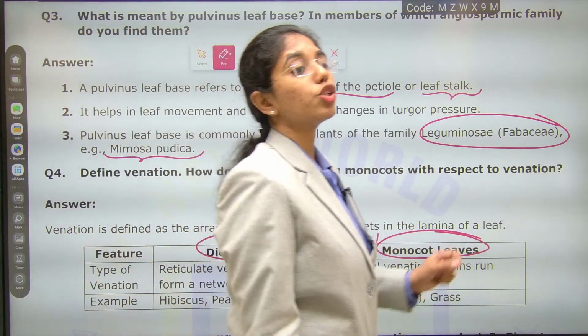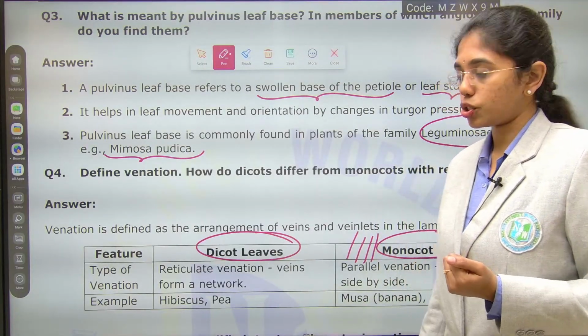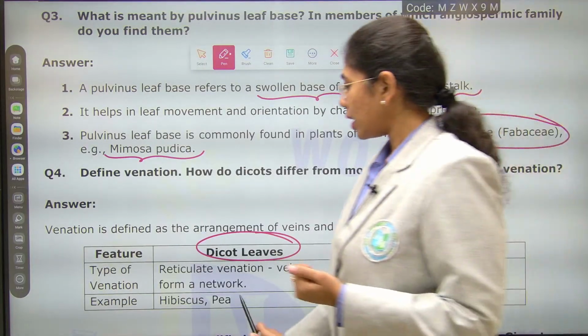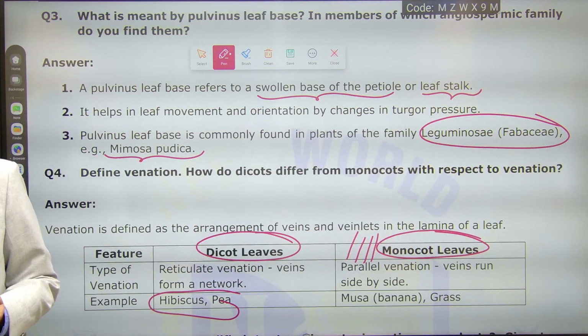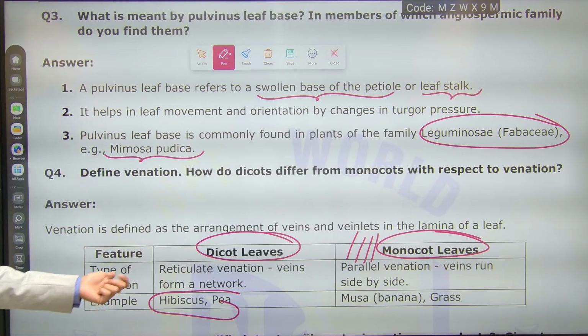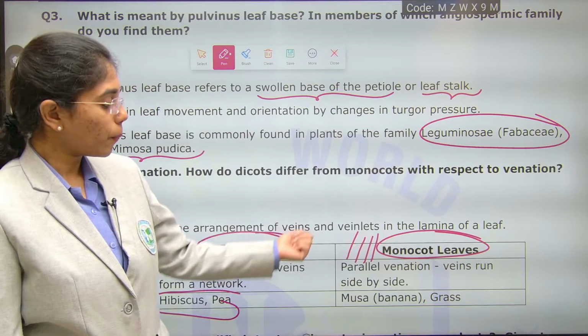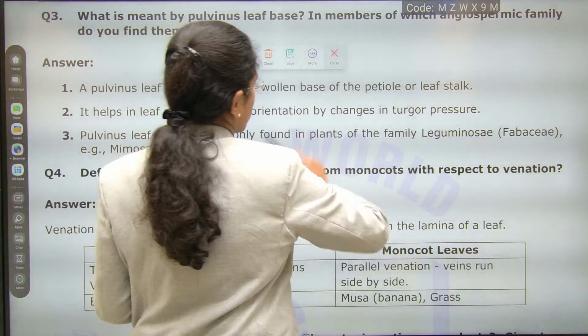Parallel venation is the most advanced type when compared to reticulate venation. Example for dicot leaves, you can see hibiscus, and for the monocot leaf, grass. Next question.